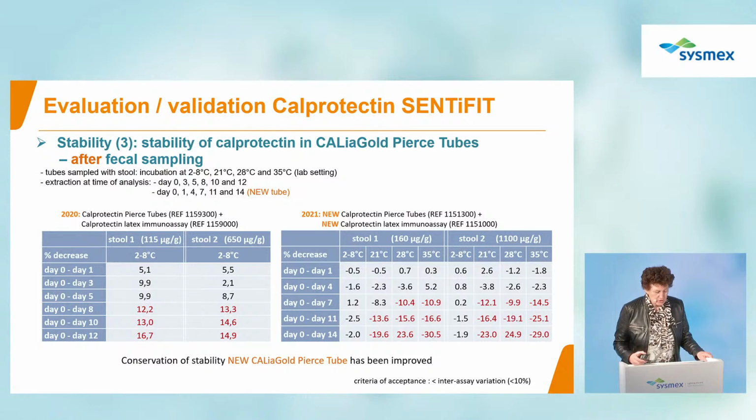So the conservation of the stability has also been much improved. We can keep the tubes before measurement for a reasonable time of 2 weeks. Normally we measure 2 times a week, so it is quite good. And even if a tube is kept at room temperature, we can measure all the time.